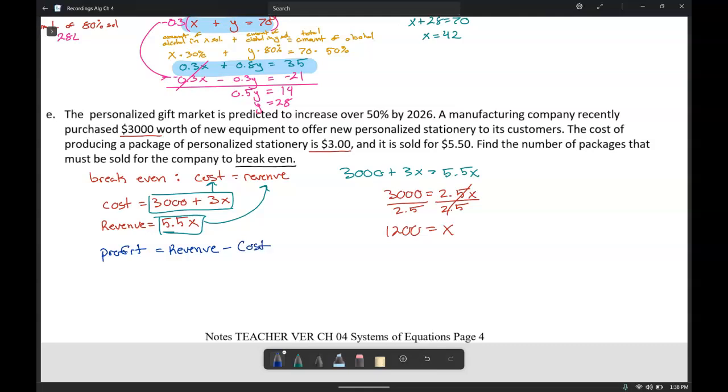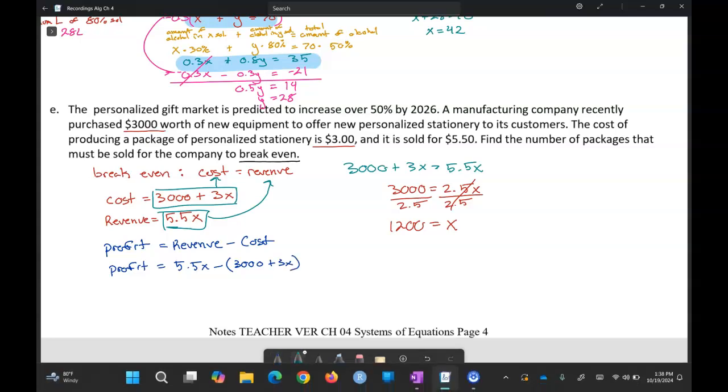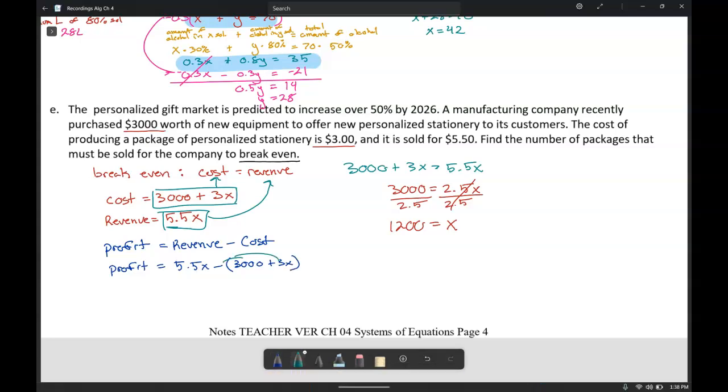And so given these cost and revenue functions, we can actually write a new equation by combining these two. So profit will equal our revenue function minus our cost function.